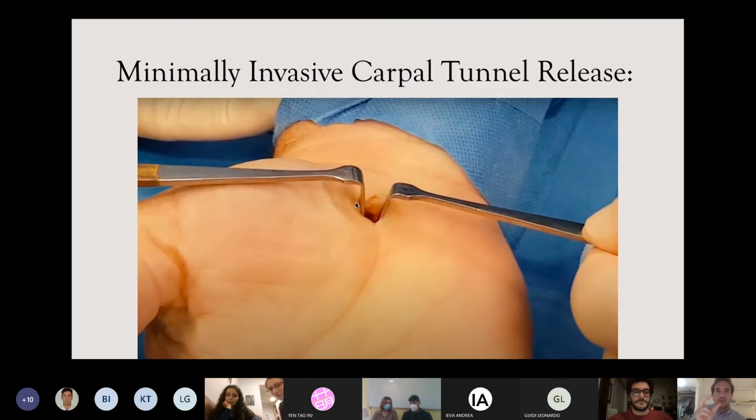All this initial part, you're not seeing what you're cutting. You're just feeling, and to have that type of sensation, you need experience, and yes, it's technically demanding.